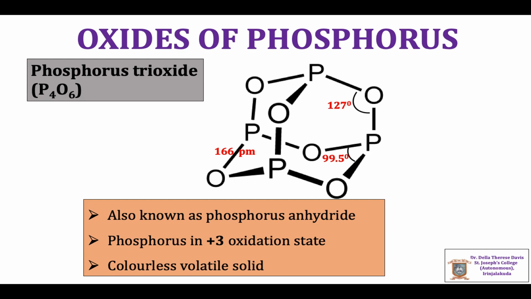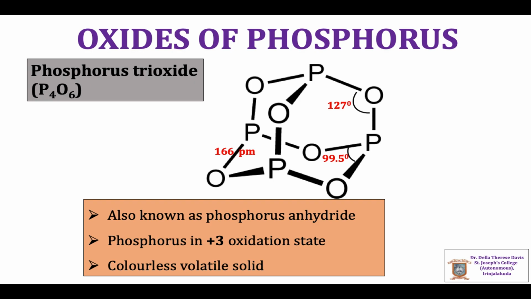Next comes the oxides of phosphorus. The first one is P4O6. It is also known as phosphorus anhydride. The structure of P4O6 is given here. All the P-O bond lengths are the same.